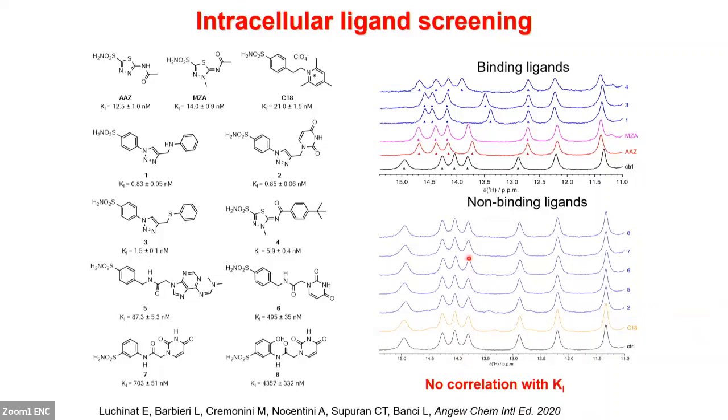This is just the first point, showing how effective this approach is for the early stage of drug development, because immediately you can check whether a molecule can pass the plasma membrane and enter the cell, and decide how to proceed.